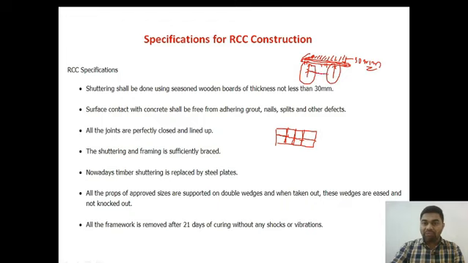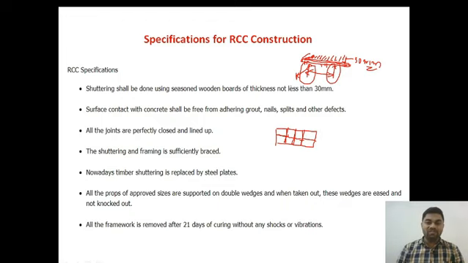We add various bracings, either in the form of horizontal bracings or inclined bracings. Nowadays, timber shuttering is replaced by steel plates in place of wooden ones, so instead of wooden plates you can use steel plates also.